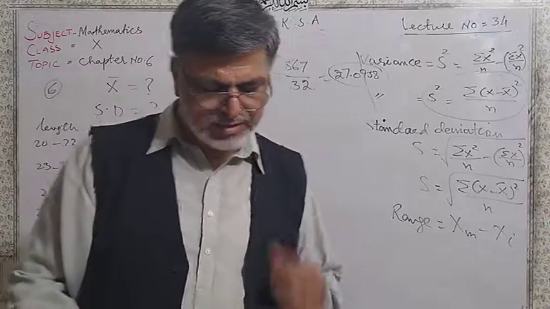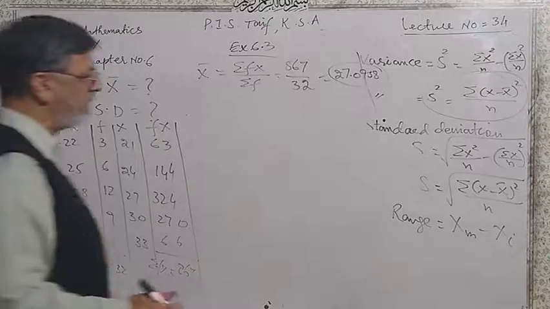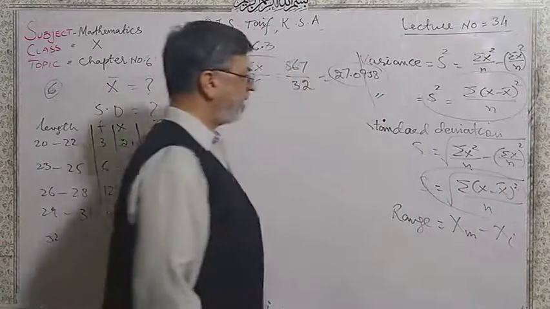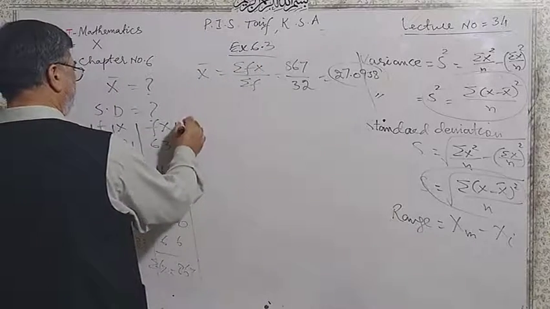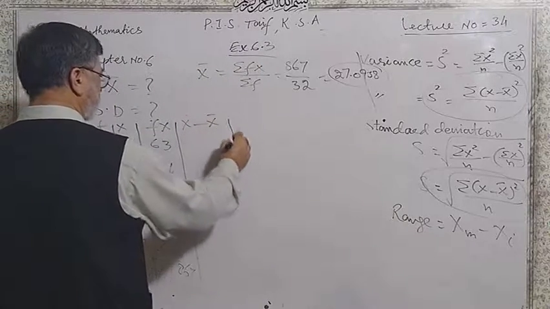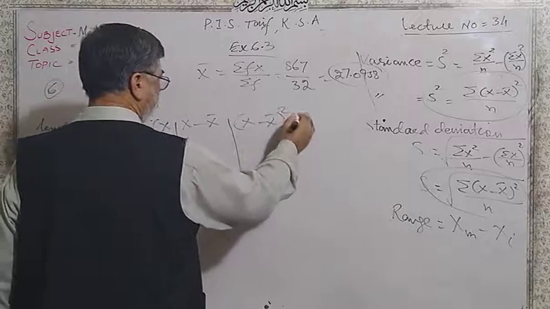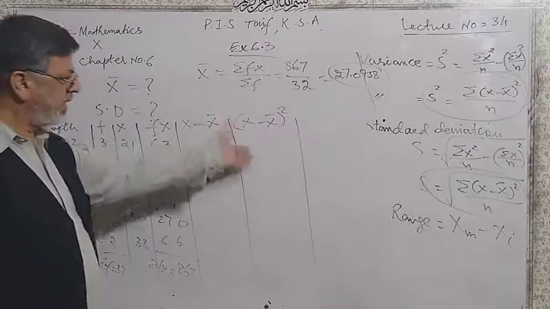Now dear students, again you have to find the standard deviation by this formula. You have found x bar, so you will make the column x minus x bar, then (x minus x bar) squared.